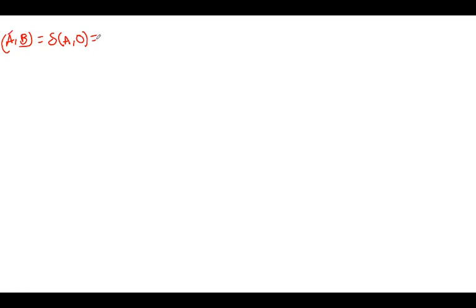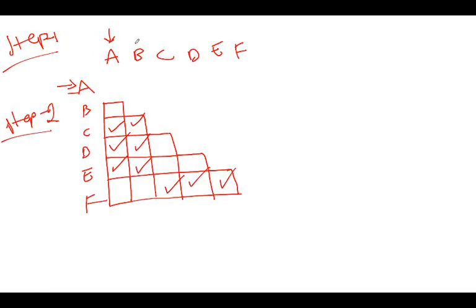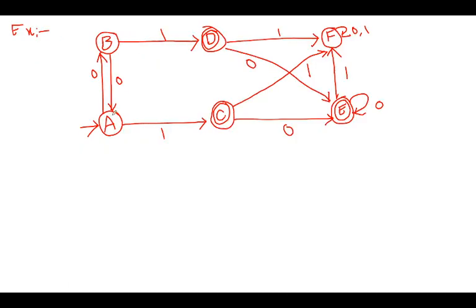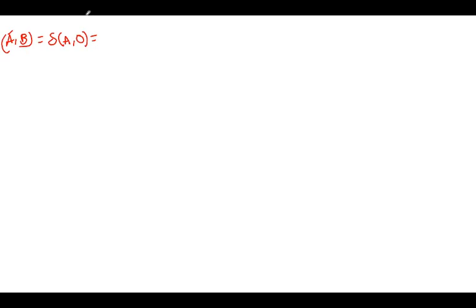Okay, A comma 0. Let's observe, A on 0 goes to B. Then make sure to write B. Now the same: transition of B comma 0, same input symbol, but this time we use the second part of the pair.